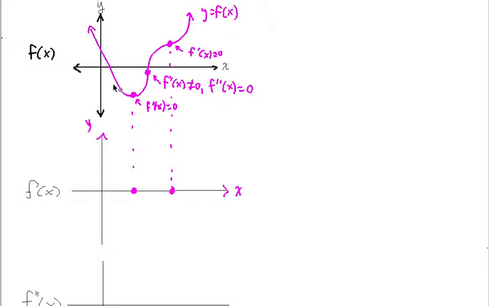Well, remember the sign diagram we can determine by looking at the shape of the original function, or the intervals of increase and decrease of the original function, sorry. So here I'm decreasing and then increasing, increasing, increasing, right? So that means this interval from here to here is going to be negative on my f prime of x.